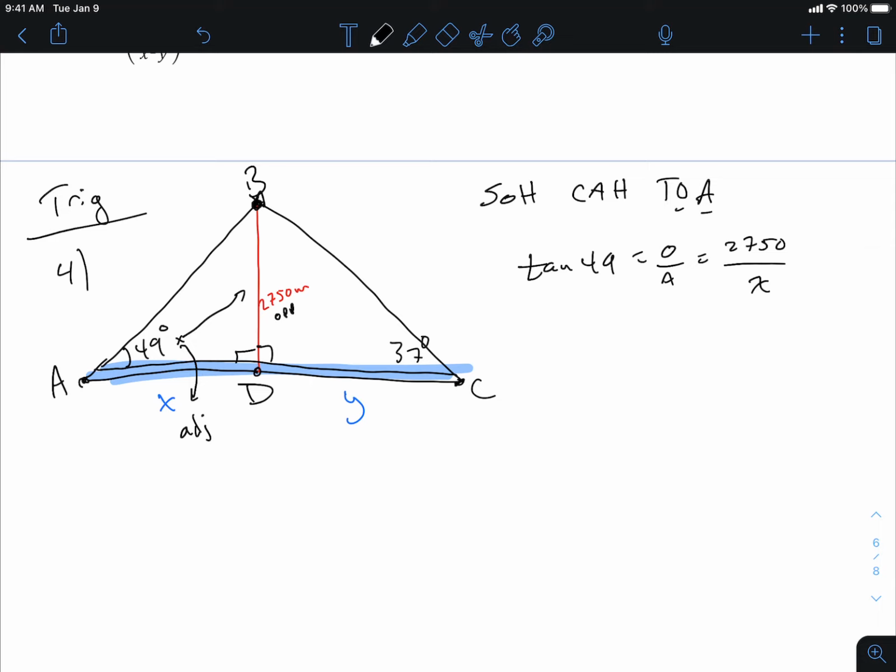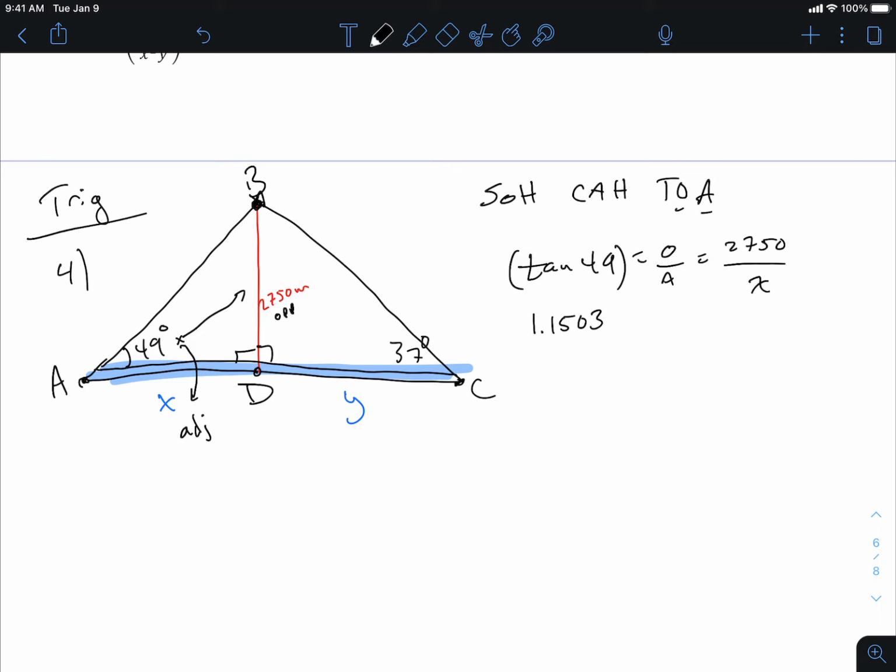This is the stage where we said we can do one of two things. You can cross multiply, or you can multiply both sides by x and then divide both sides by tan 49. Would you guys prefer that, for the purposes of this video, we find a number for tan 49 right out of the gate? Do we have a decimal for tan 49? 1.1503.